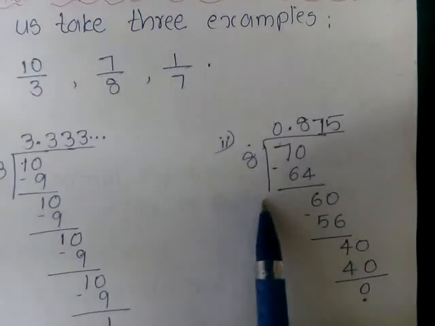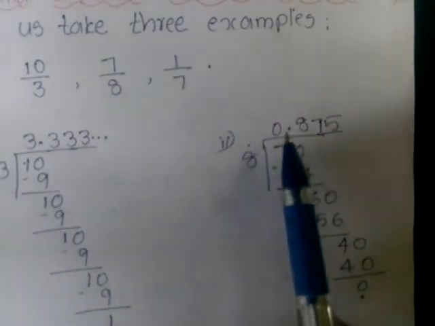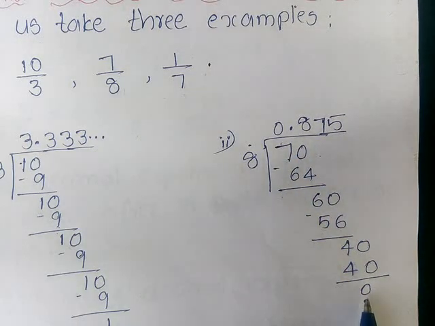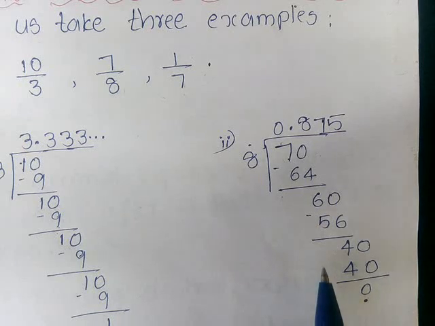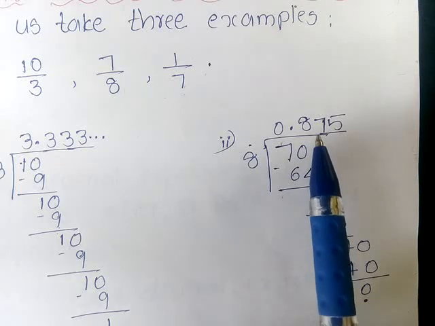From example 2, 7 divided by 8, we will get the quotient 0.875 and the remainder is 0. Since the remainder becomes 0, no digits are repeating in the quotient. That is, we get an accurate answer.